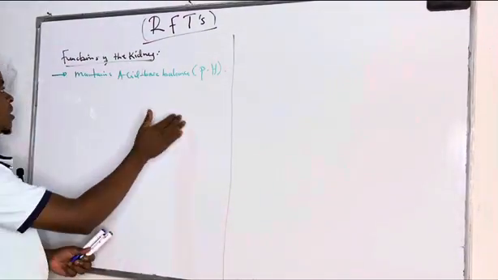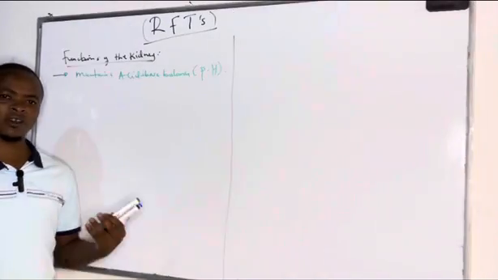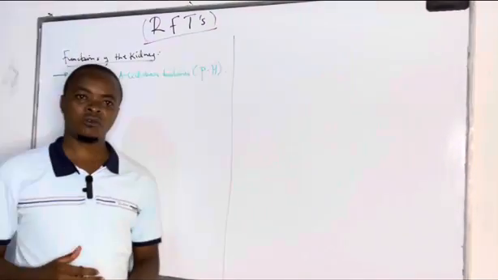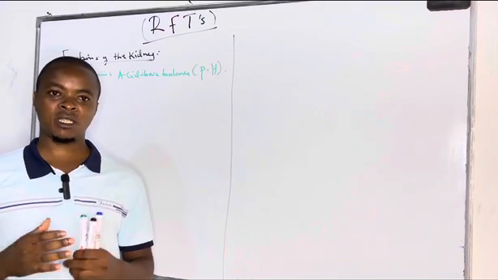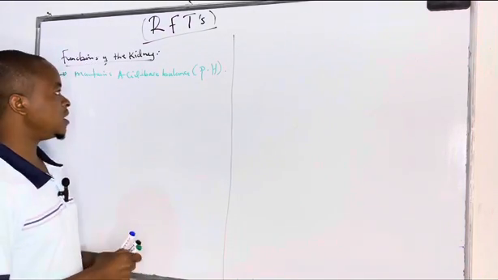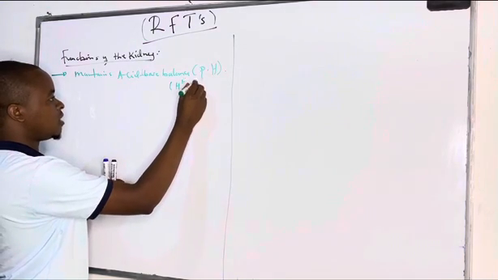Whenever the kidney fails to do this, we normally see conditions like metabolic acidosis and metabolic alkalosis, whereby it is failing to maintain the balance between the hydrogen ion and the bicarbonate.